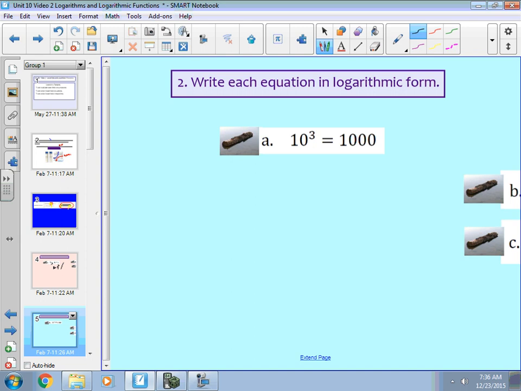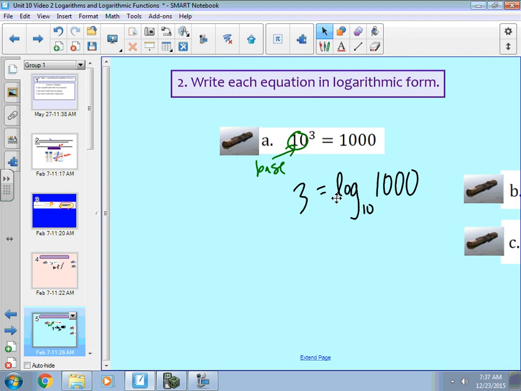So here, we're going to be doing log of 1,000. Okay, our base of our exponential is 10. That's our base. That means that needs to become the base of our log, and that means this is going to be equal to whatever number's left here, our exponent 3. So that's how we would write that in logarithmic form.